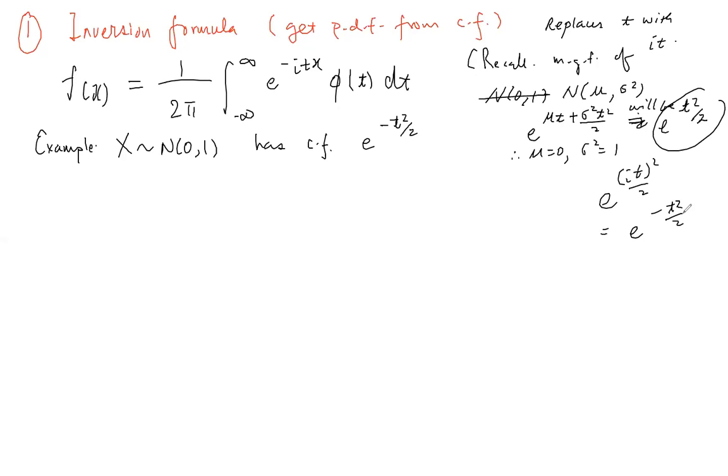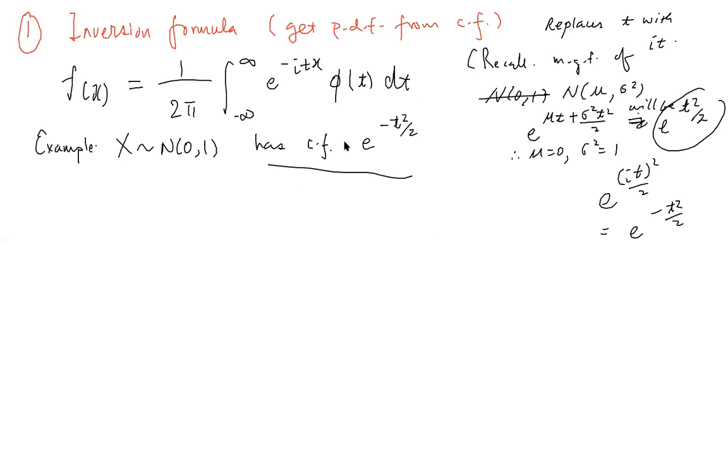Only in cases where the moment generating function does not exist for a particular distribution, then you have to start from scratch and work out the characteristic function according to the definition of characteristic function. Otherwise, you can just use this approach: replace the t in the moment generating function with it. So you have this.